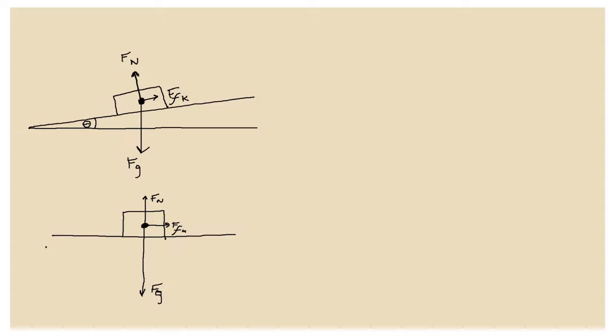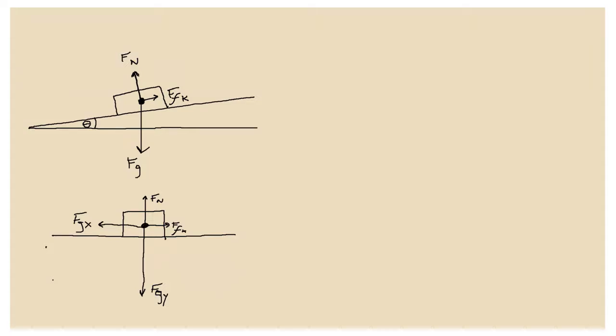This, of course, is not the weight. It's FGY because I've tilted my surface. And then this is FGX. And really now these things are supposed to be dotted for components, but it's actually really hard to do a dotted line with this stylus pen on the computer. And so we'll leave it at that.